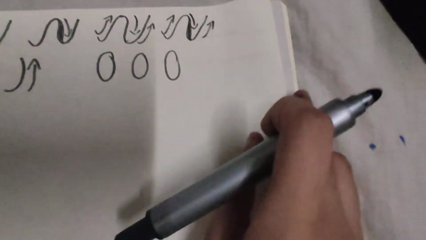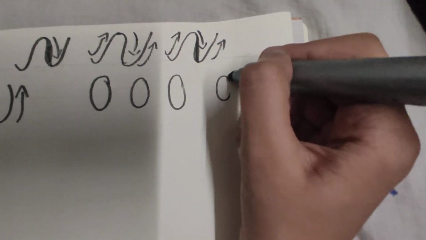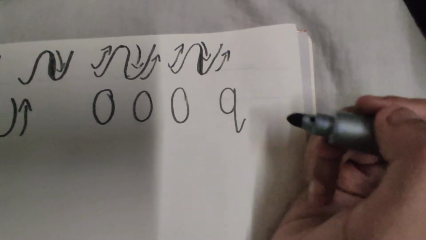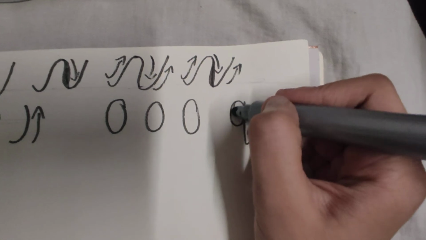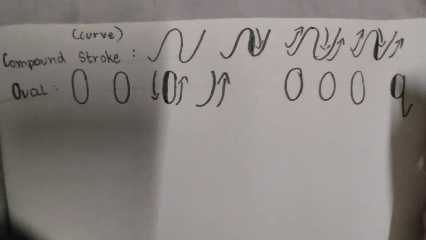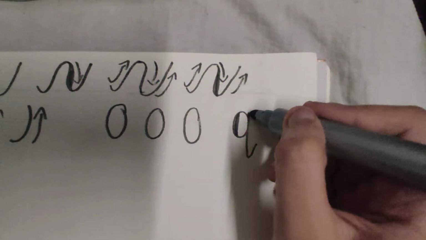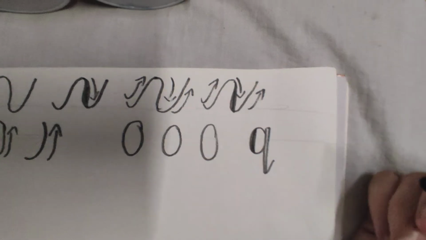So in which letter can we use this stroke? For example, we have letter Q. Here first we will apply the rule which we apply in the oval, and then we will also make this part thick. Why?